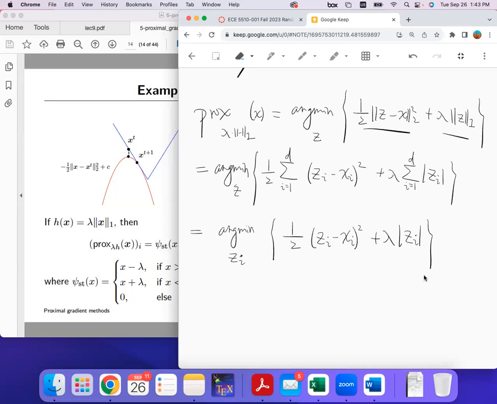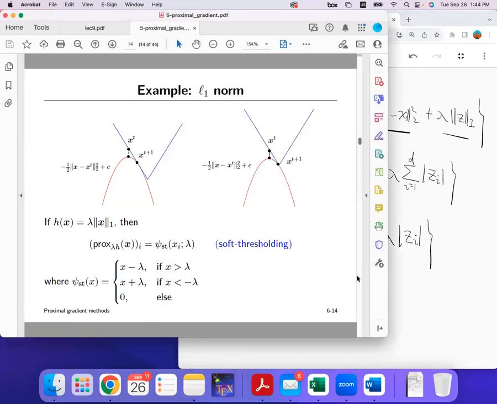This is a one-dimensional problem over the ith dimension, and i can be from 1 to d. And this is a one-dimensional problem, right? So you can solve this analytically, and you can get this soft thresholding operator.